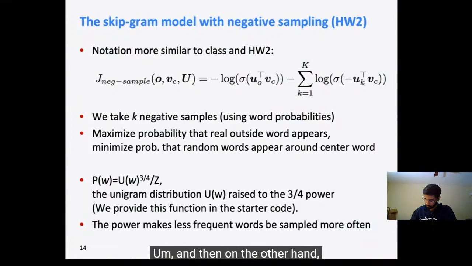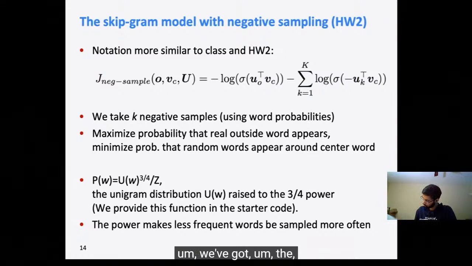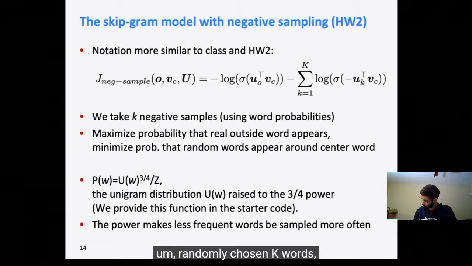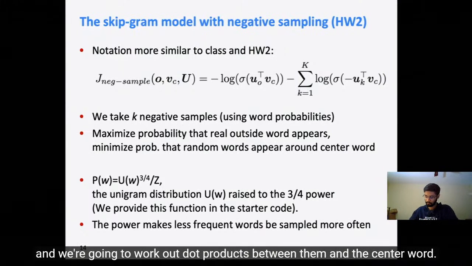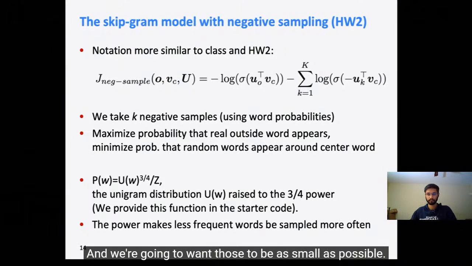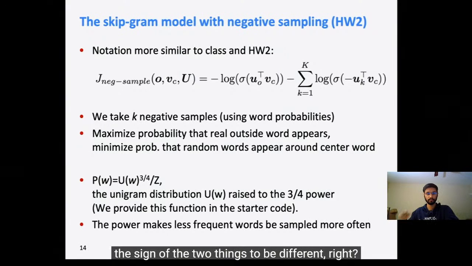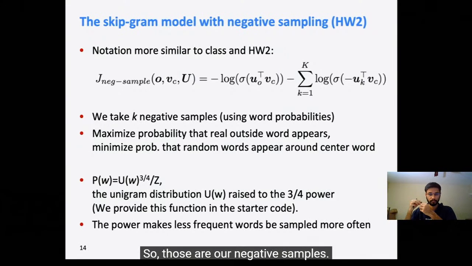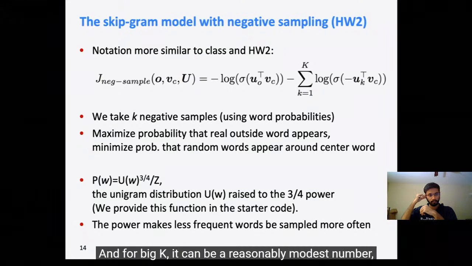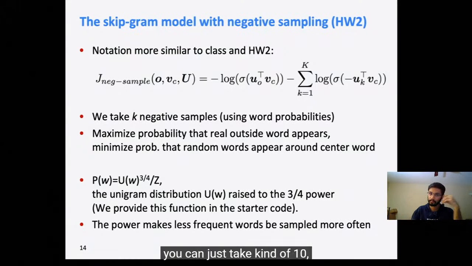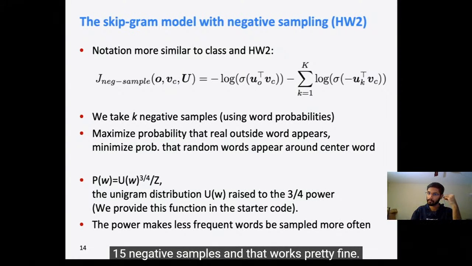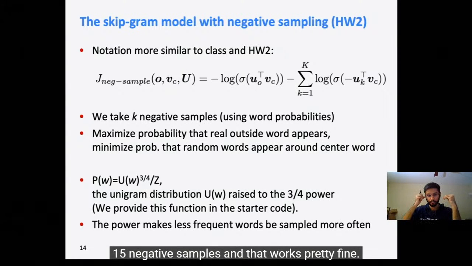And then on the other hand, we've got the randomly chosen k words, which are just other words, and we're going to work out dot products between them and the center word, and we're going to want those to be as small as possible. Note that extra minus sign in there, which is causing the sign of the two things to be different. Those are our negative samples. And for big K, it can be a reasonably modest number. You can just take 10, 15 negative samples, and that works pretty fine.